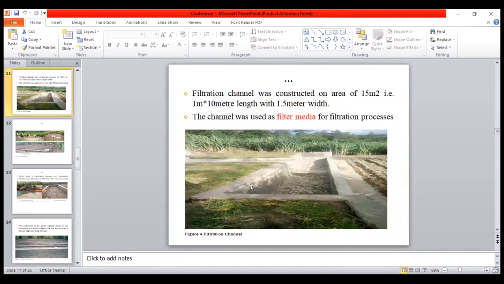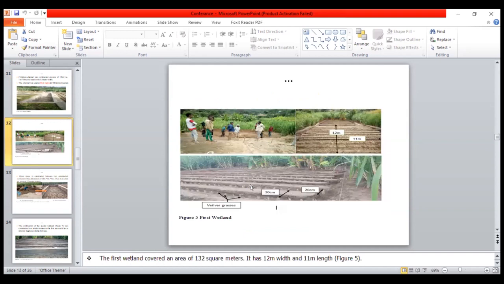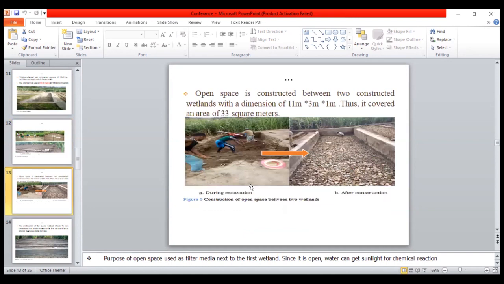This is the filtration channel that was constructed in the area, and this channel was used as a filter media. And this is the first wetland, which has 132 square meters. This is the open space between the two constructed wetlands.